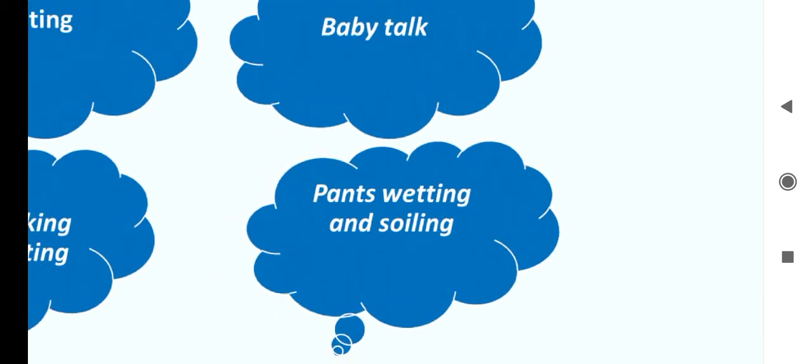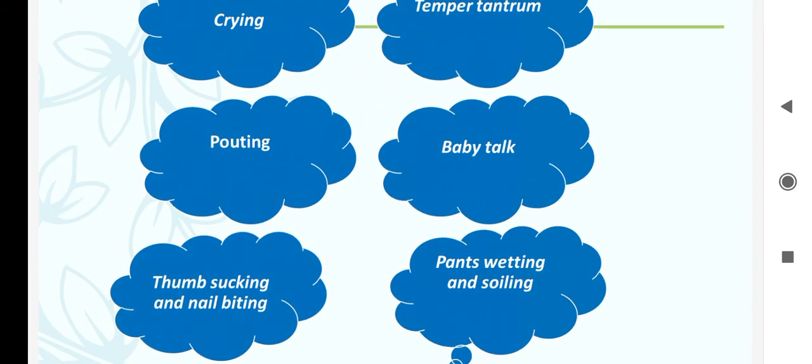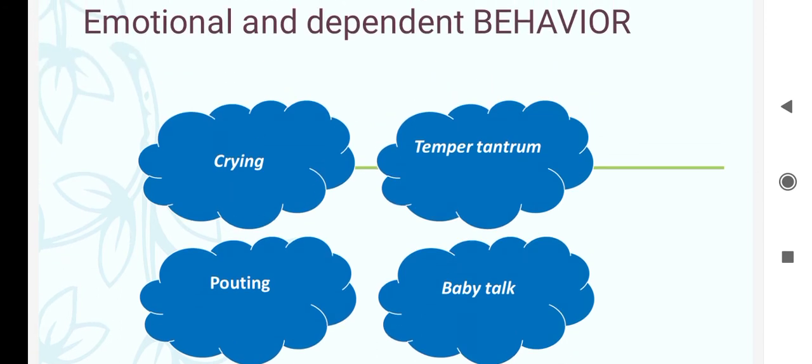So these are the different types of children being emotional and depending on the adults too much while they are growing as preschool children.